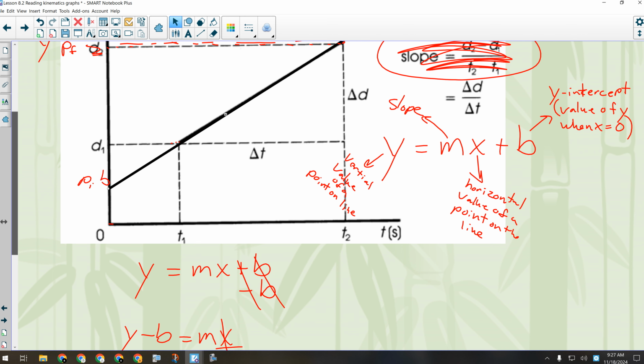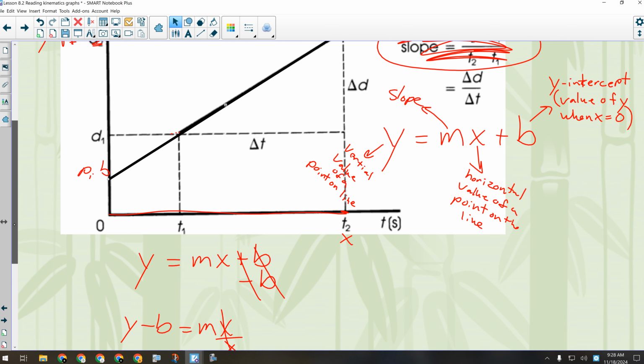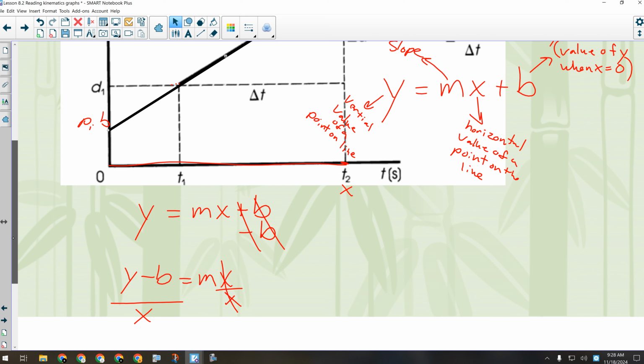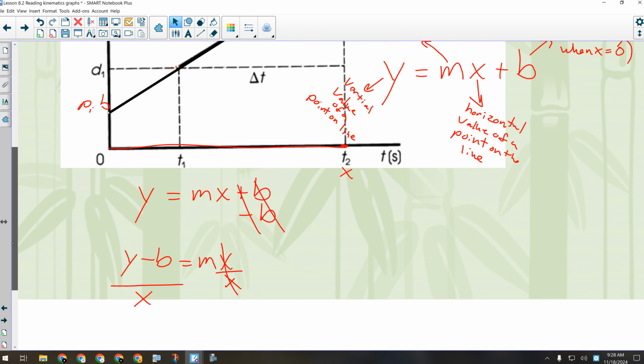Well, is this value right here the horizontal value for that same point? Technically I should say x minus 0, because what's x here? 0. That's why we don't write it, because it's 0. But did I just basically do the same thing? Did I get rise over run using a different formula?